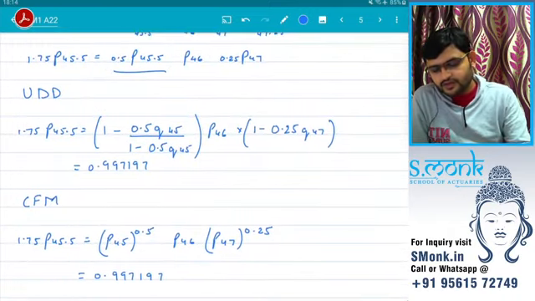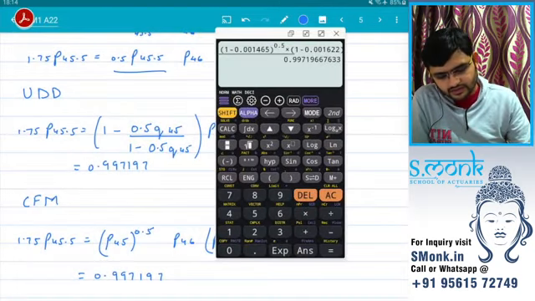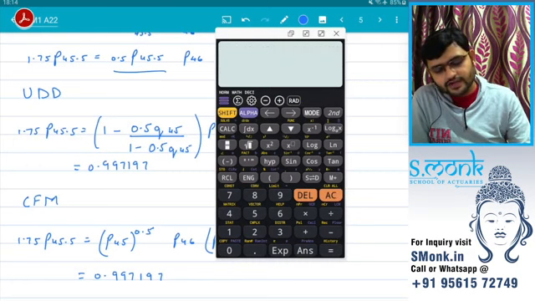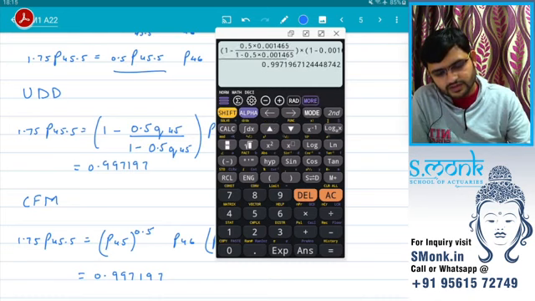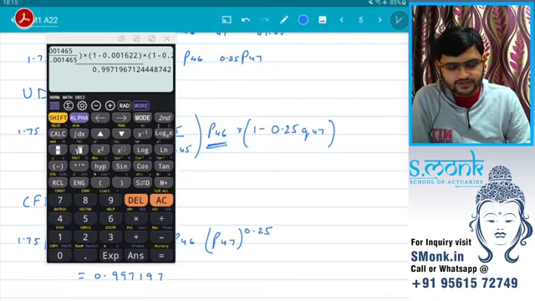Check the calculation. Instead of writing p and then q, I'm writing 1 minus q. See, the first formula is 1 minus of this. The second formula is 1 minus of q46. Sir, I'm asking about the first one, 1.75 p 45.5.